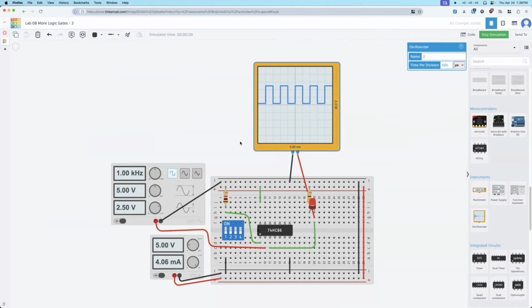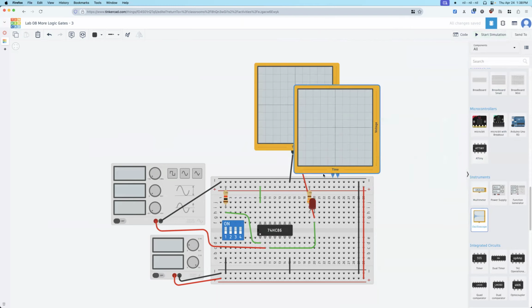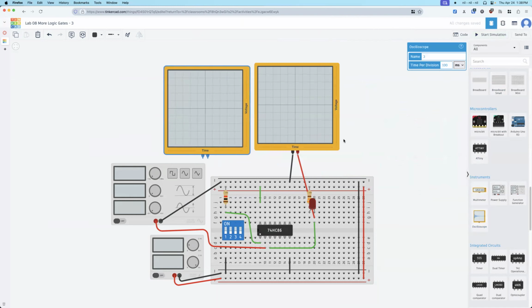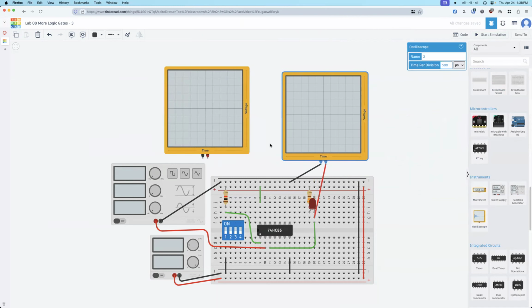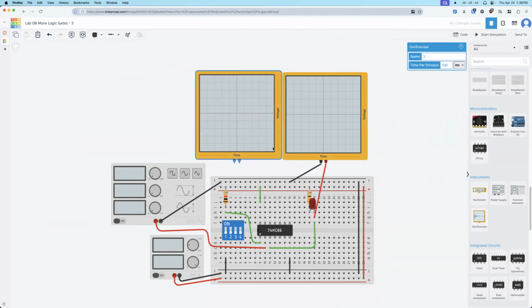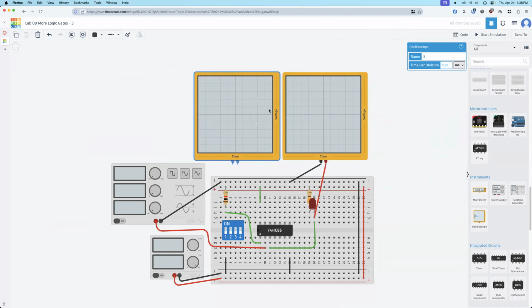But now, okay, so we need one more function generator here. Because for the real oscilloscope, we could input the 2 signals in, and so can show these 2 signals on the one screen at the same time.